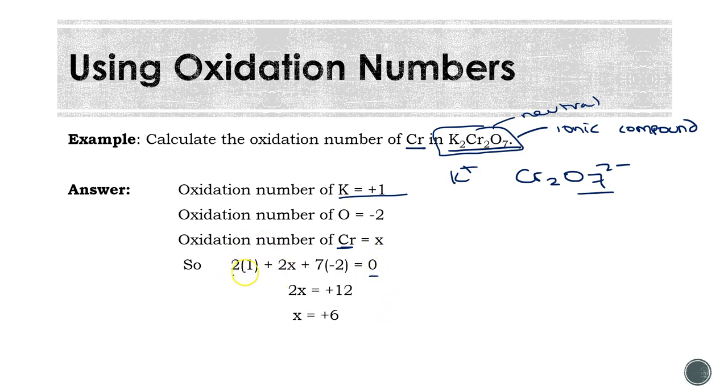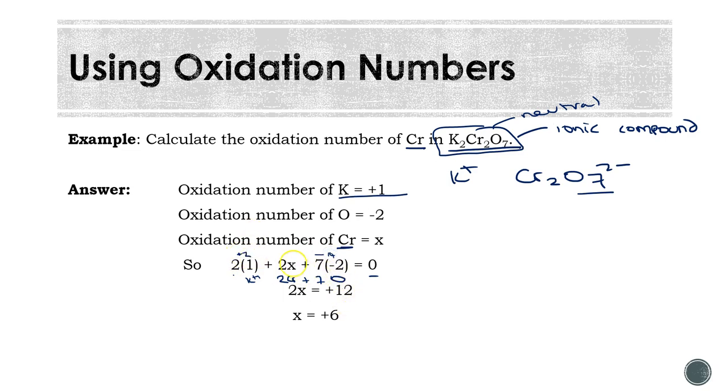Then I have 2 lots of my potassium, then I have 2 lots of my chromium, which is unknown, and 7 lots of oxygen. Okay, so when I add that in, I'm going to have 7 lots of -2, and 2 lots of +1. So this is going to be -14. This is going to be +2.